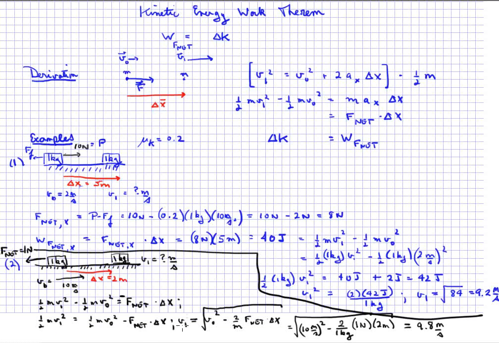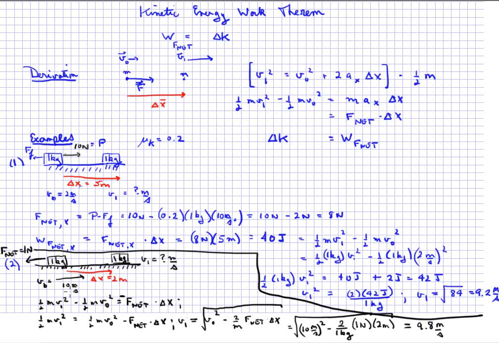And so v1 is equal to, multiplying this through by 2 over m and taking the square root, v1 is equal to the square root of v0 squared minus 2 over m times F net times delta x. And v0 is 10 meters per second, squared, minus 2 divided by 1 kilogram times 1 newton times 2 meters. And so this is 9.8 meters per second.